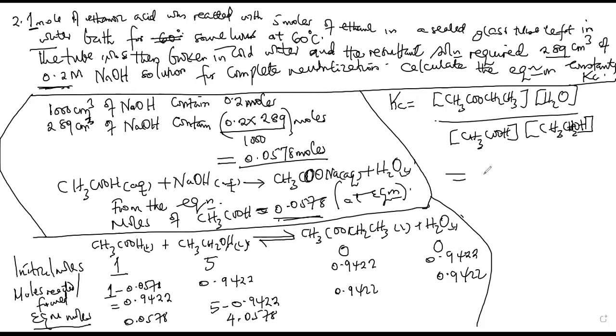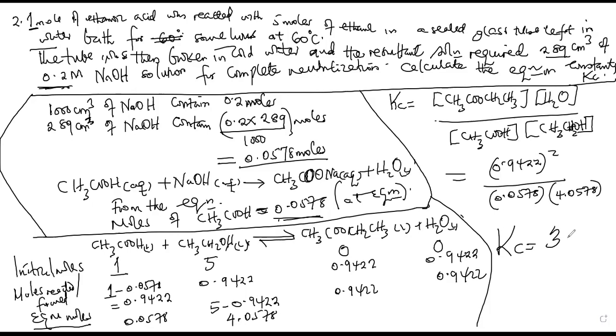So these ones are 0.9422 squared over ethanoic acid 0.0578 times 4.0578. And this one will give the value of Kc as 3.79.